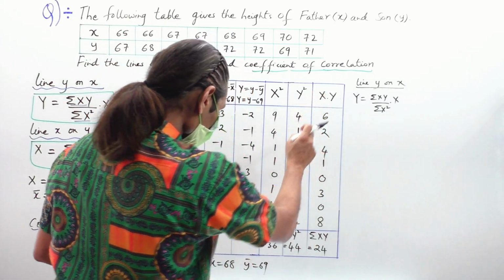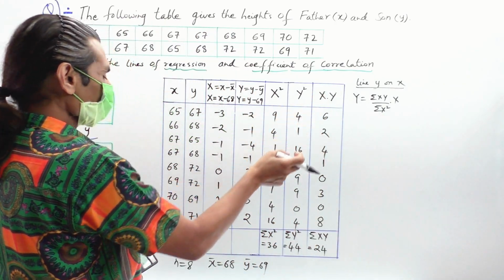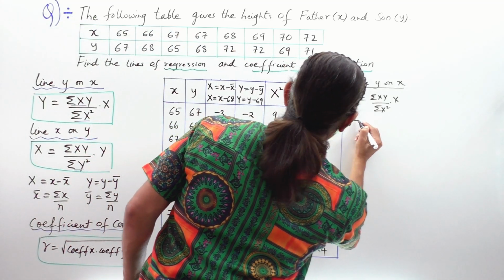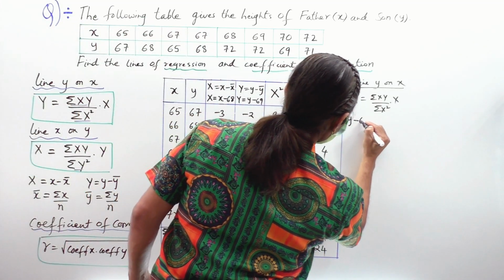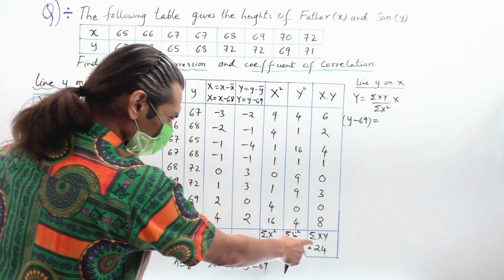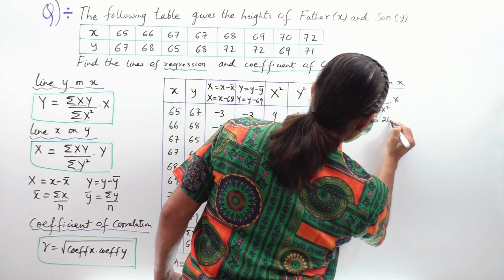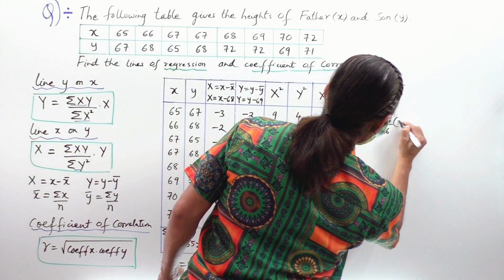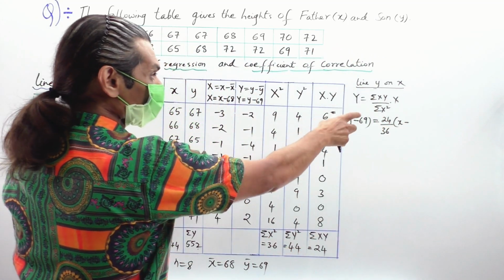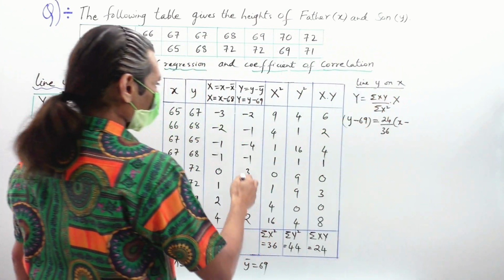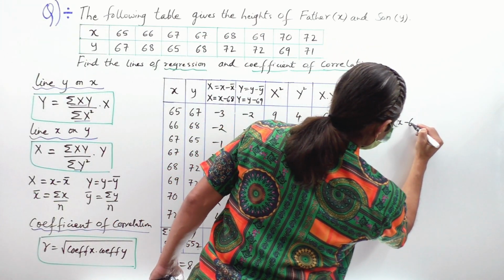Capital Y is equal to y minus y bar, that is y minus 69, equals, what is capital XY? Sigma xy is 24. 24 by sigma x square, which is 36, into capital X, which is x minus x bar, x minus 68.